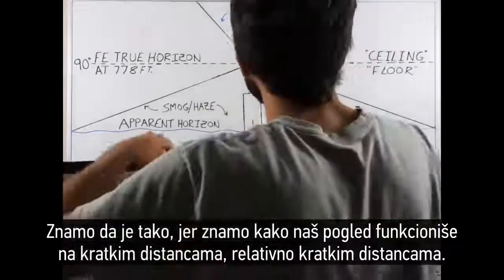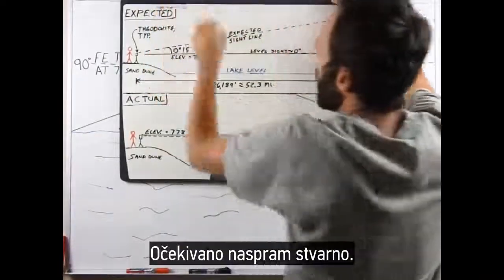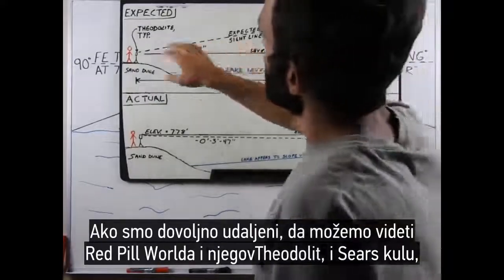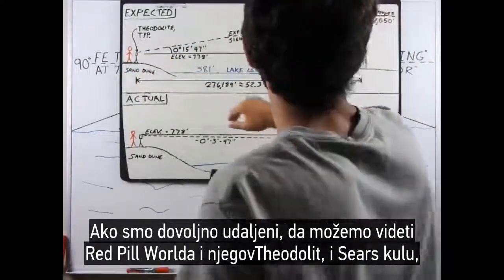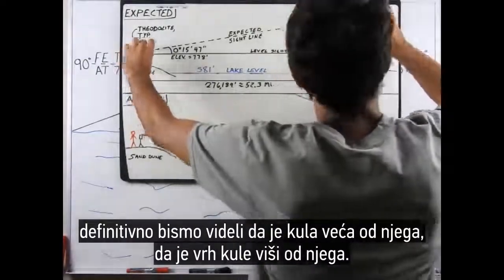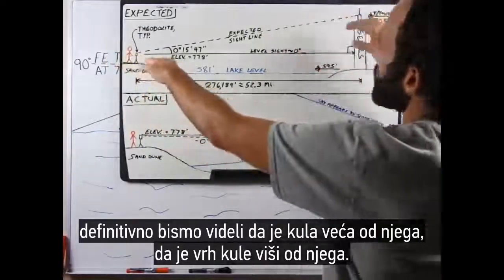So going back to this, our expected versus actual, if we were off in the distance so we could see Red Pill World in his theodolite and the Sears Tower, we would definitely see that the tower is bigger than him and that the top of the tower is higher up than him.